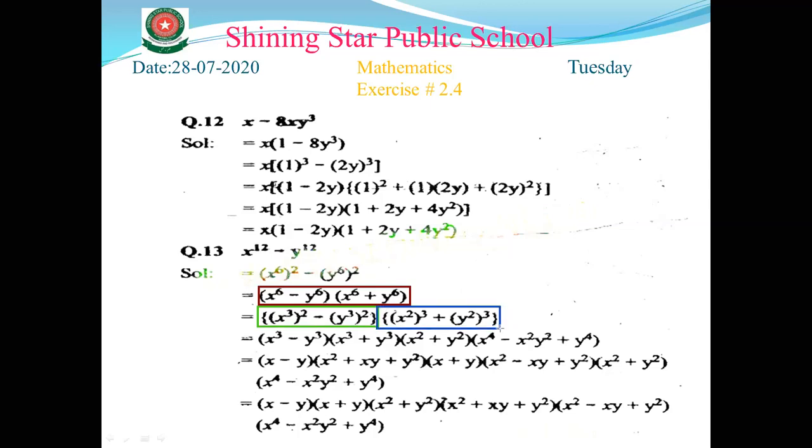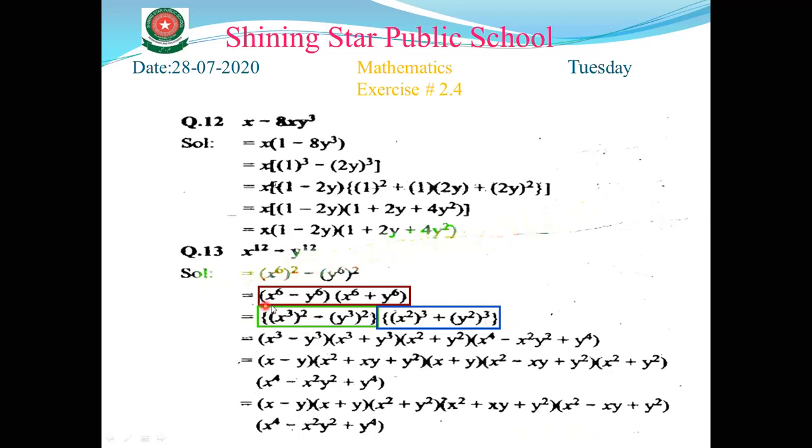But what is the reason why we change this bracket this way, x cube whole square minus y cube whole square, and why we change this bracket this way, x square whole cube plus y square whole cube? What is the reason behind this step? If you know the formulas very well, then you can easily understand the reason behind this step.